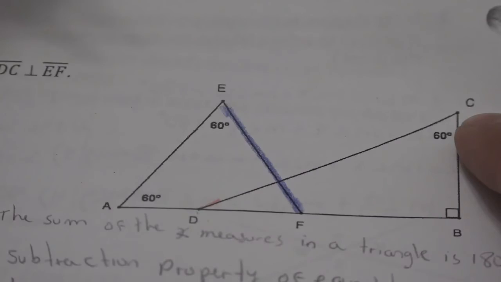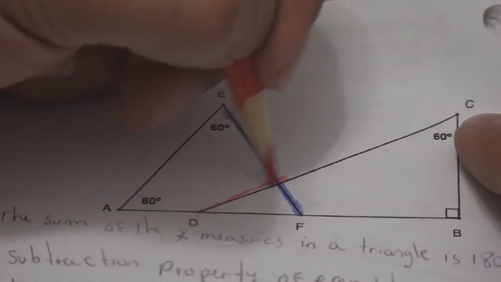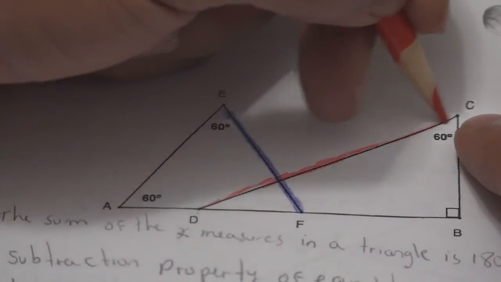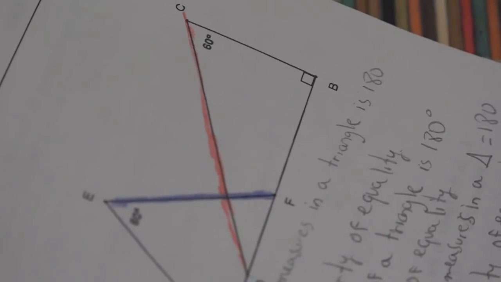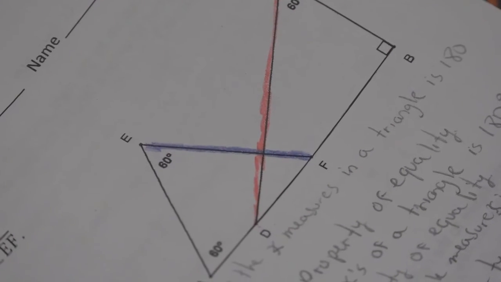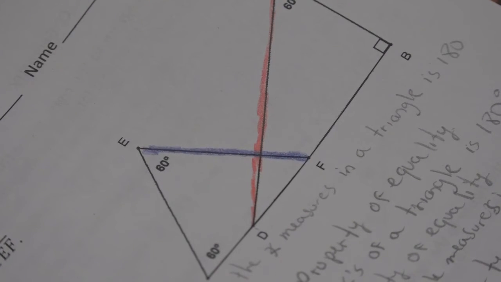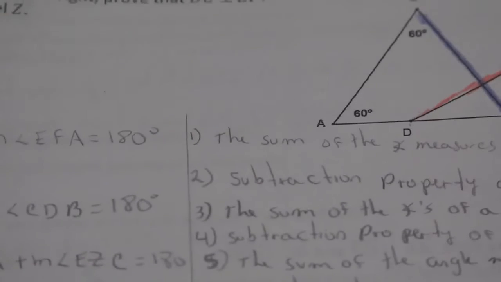Okay, I'm supposed to prove that these two lines are perpendicular. Of course they're perpendicular. Look. They don't look perpendicular to you? They look odd to me. It doesn't matter. Alright.